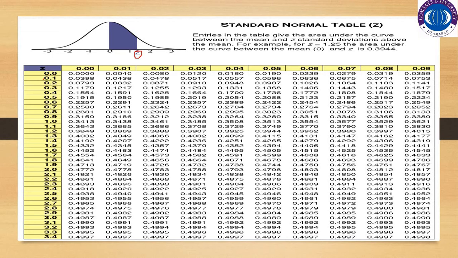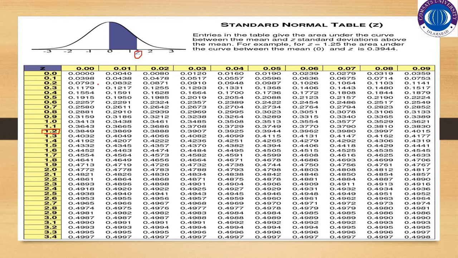This is 0.0. Here we will have 1.2, but you have to find the probability between the mean and the point 1.25. So this is 1.2. You will search for the 0.005 here in the first row. This is the random variable z, and all these values are representing this random variable.